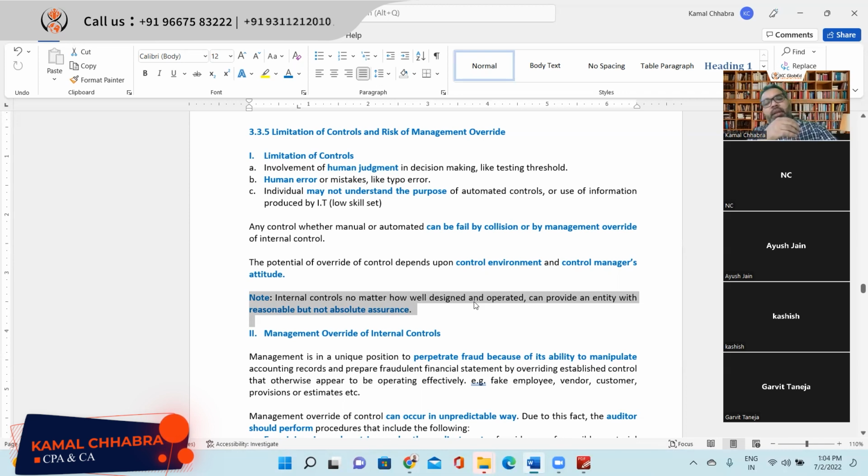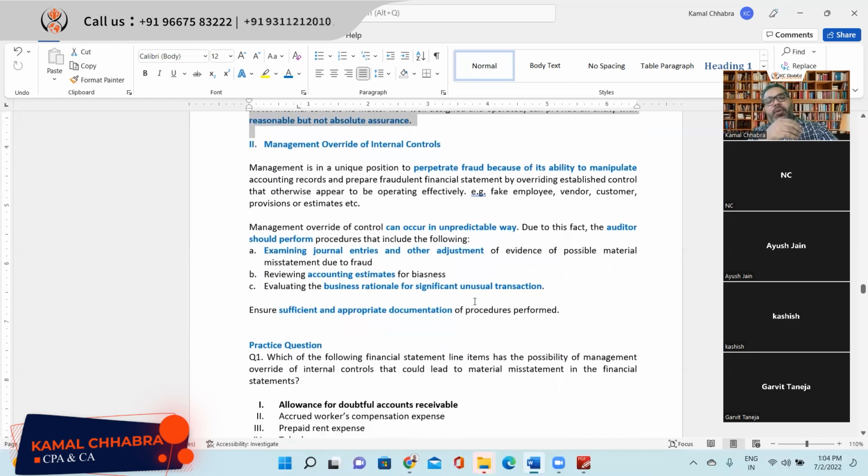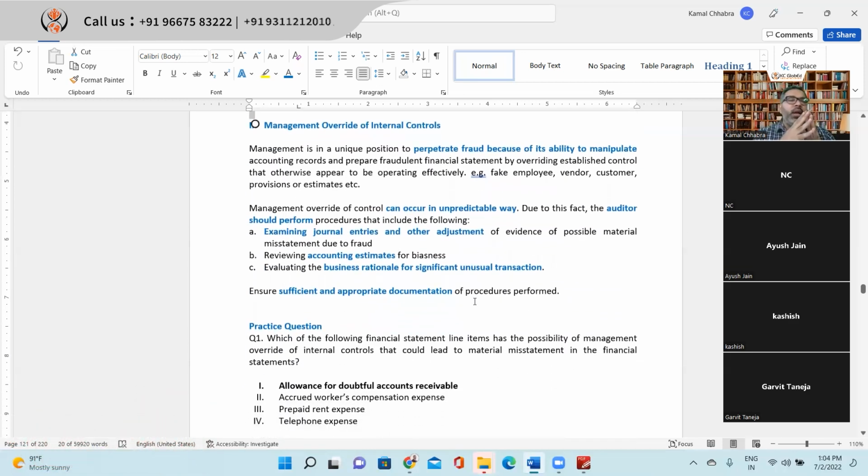Okay. So the second part is management override of internal control. Like we discussed earlier, management is in a position to override the control because they manage and maintain the control, and they generally have super admin access. In terms of IT, they generally have super admin or admin access where they can manipulate the controls.